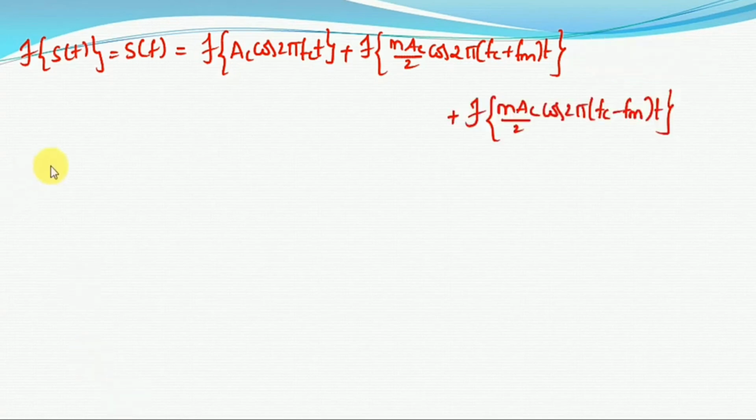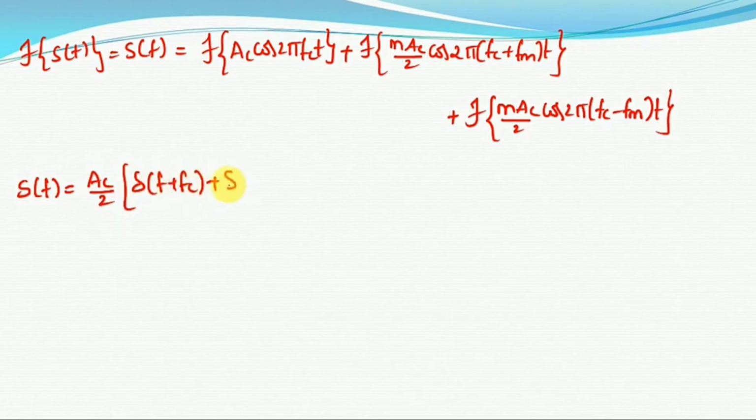So S of f will be Ac by 2 into del of f plus Fc plus del of f minus Fc.